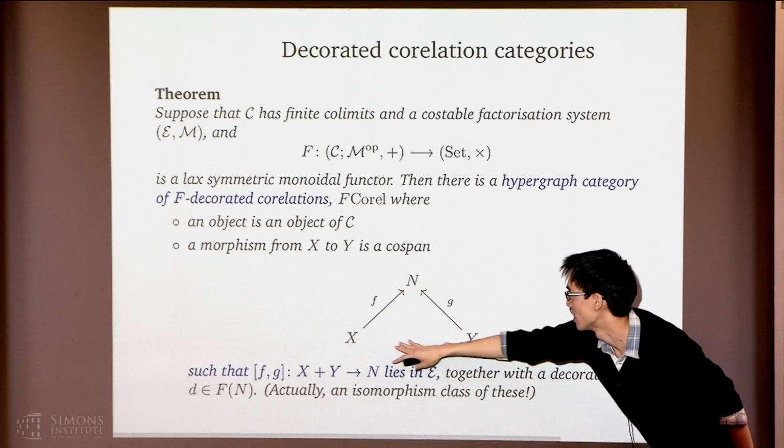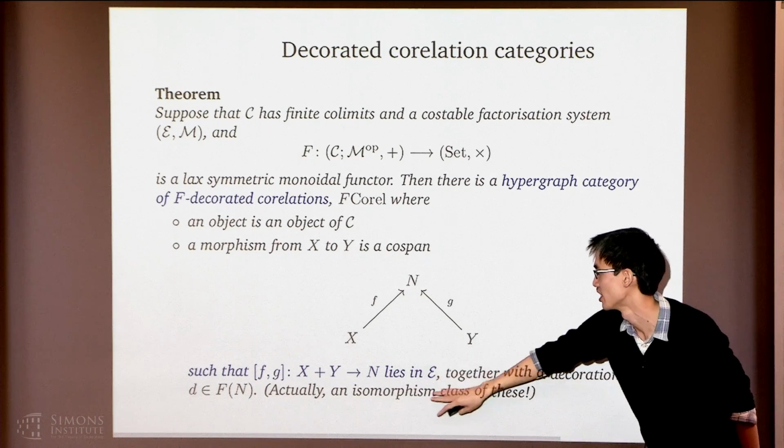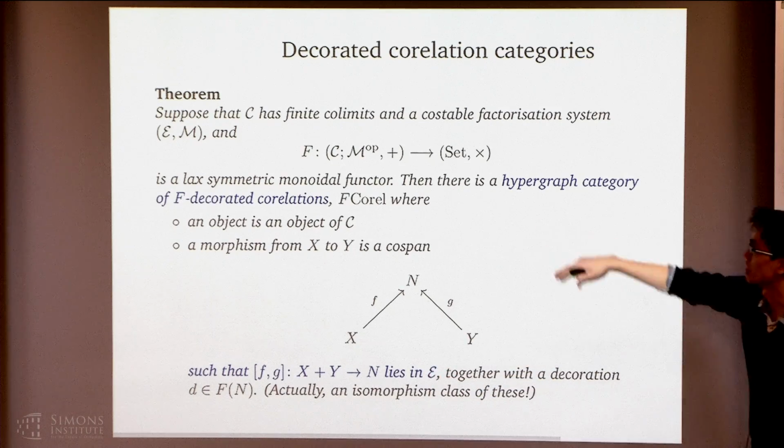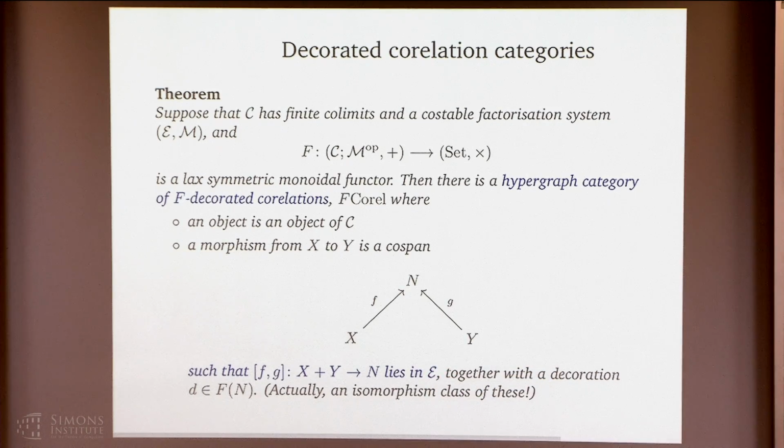In the circuit example, this was a joint surjection. But more generally, it's jointly lying in the first half of our factorization system.